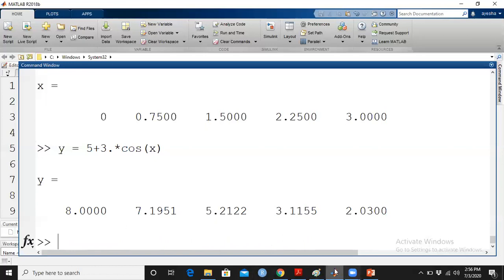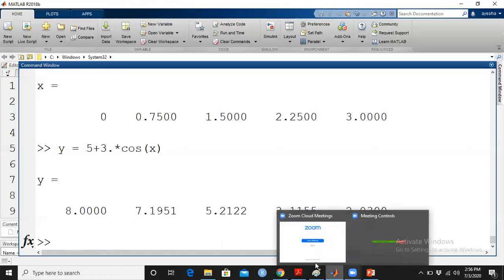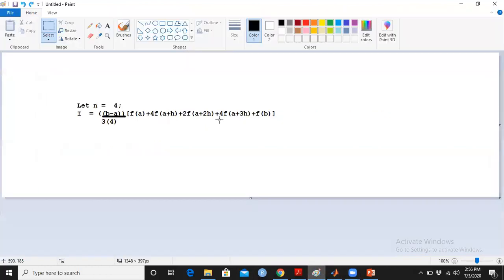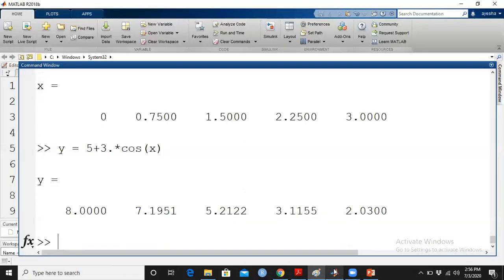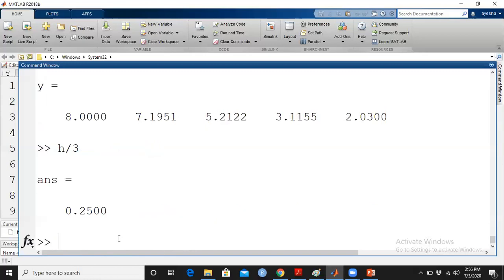What is the next task? You will simply substitute these values here. Now the first question is what is b minus a divided by n and then divided by 3? So I have it as h by 3, which is 0.25.